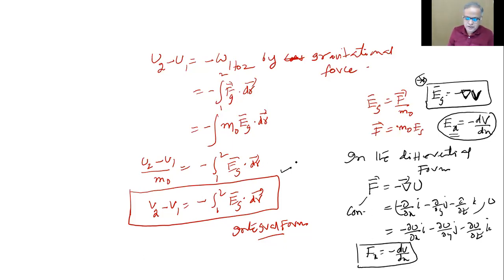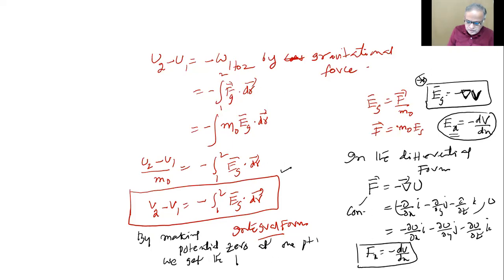Now, coming back to this, by making potential zero at one point, we get the potential at the other point.